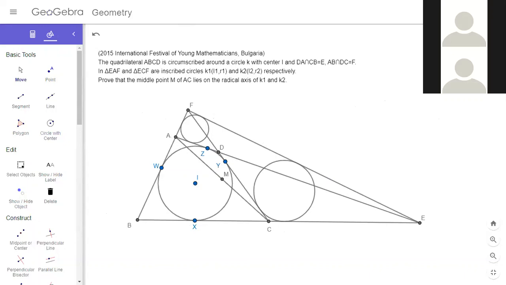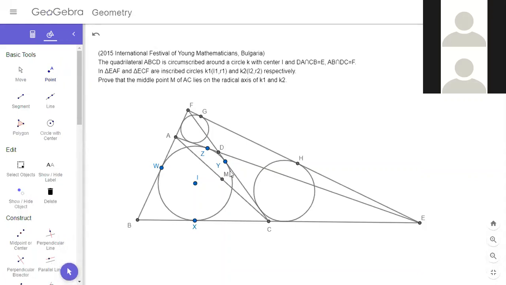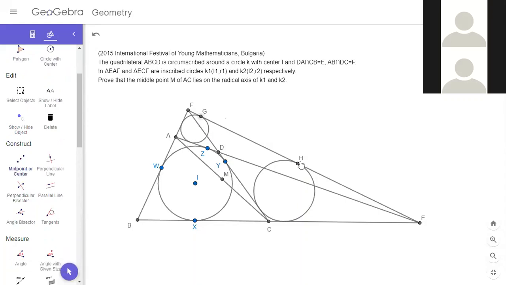Kind of interesting. All right. So we want to show the power of M with respect to those two circles is the same. The inscribed condition is tricky, but if we let G and H be the points of tangency here, the midpoint of GH lies on the radical axis of them because it has the same power with respect to both.